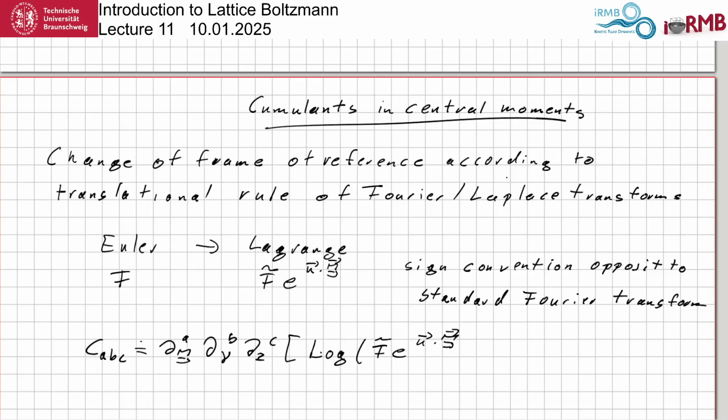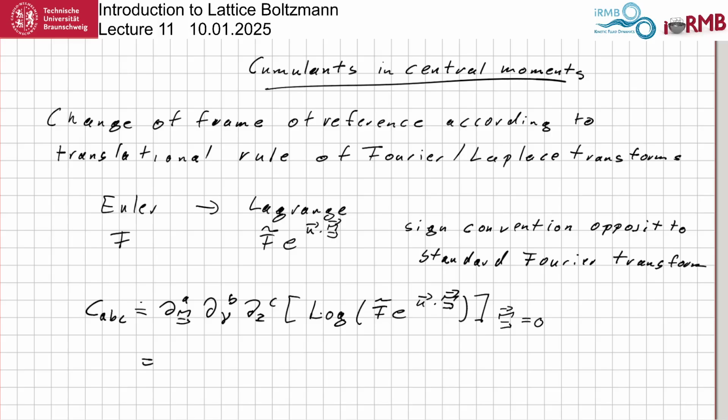So this moved around, and this in c equal to 0. Now, because this is in the logarithm, you immediately see what happens.